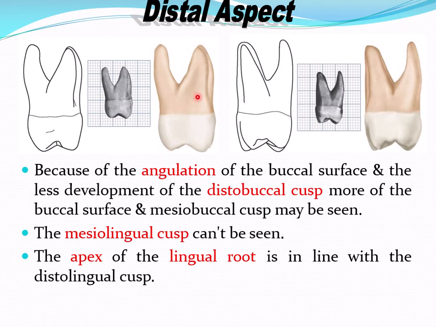Why? The reason is the same: the roots of the maxillary second molar are more confined, closer to each other. While here they are more apparent, more divergent from one another. I said this a moment ago in the vocal aspect: the major vocal outline is seen more than the major vocal outline here.